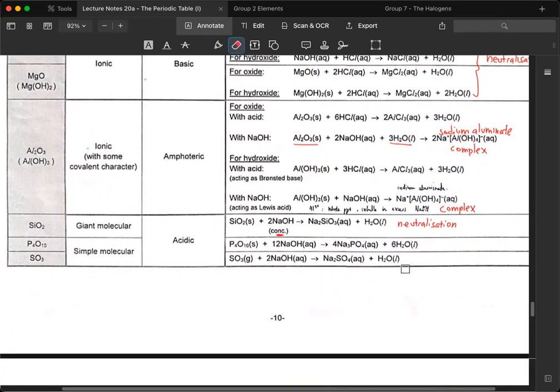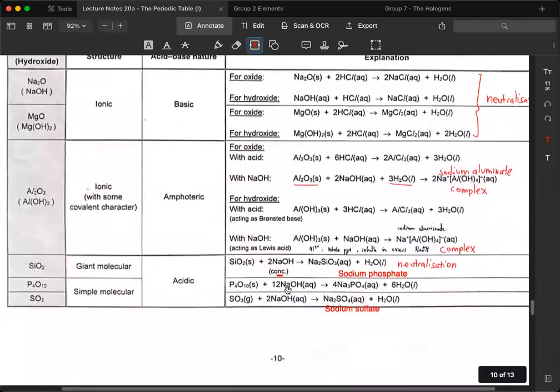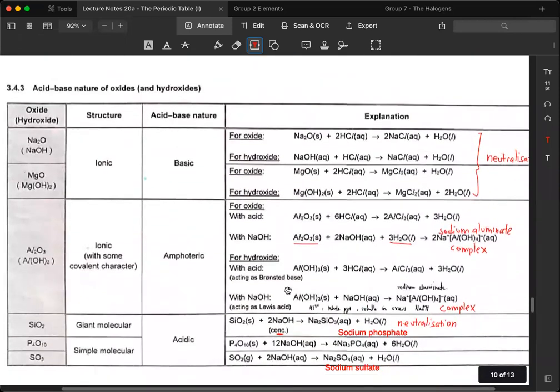It should be sodium sulfate. If it's SO2, it will form sodium sulfite. This is sodium sulfate. This is sodium phosphate. So that's for the oxides.